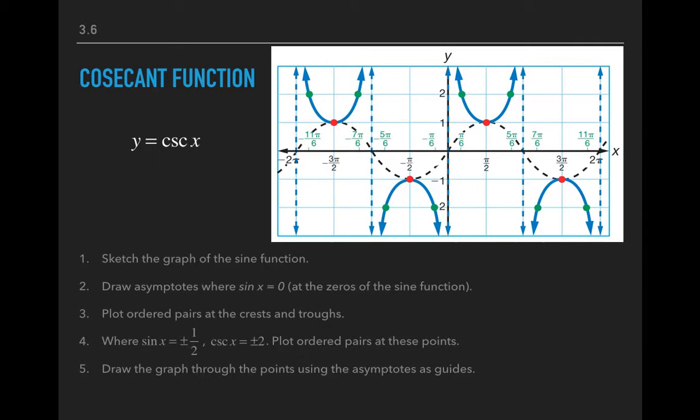Now that you have those asymptotes and those ordered pairs, you can create these little U's almost, just staying between the guidelines and going through those points. And that's a cosecant function, the reciprocal of sine.